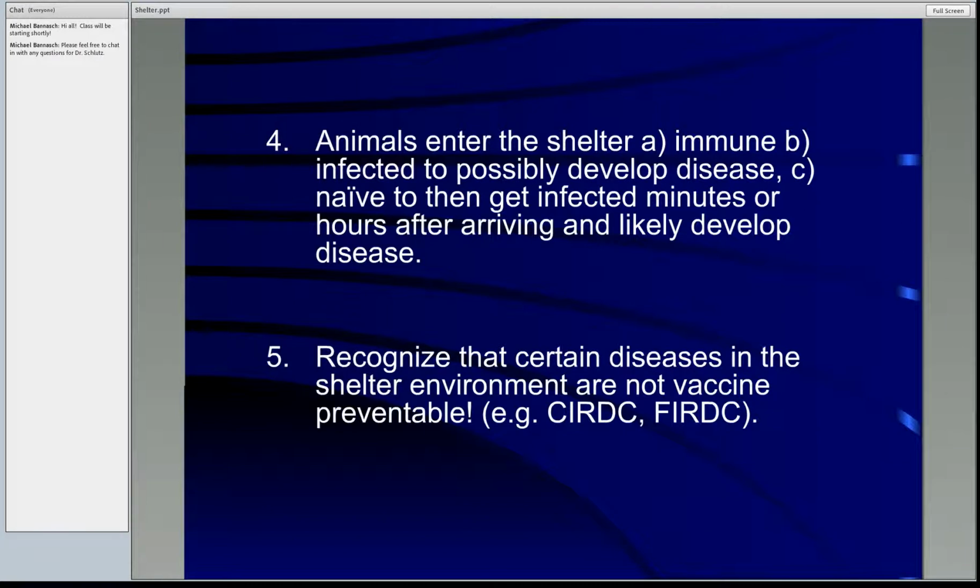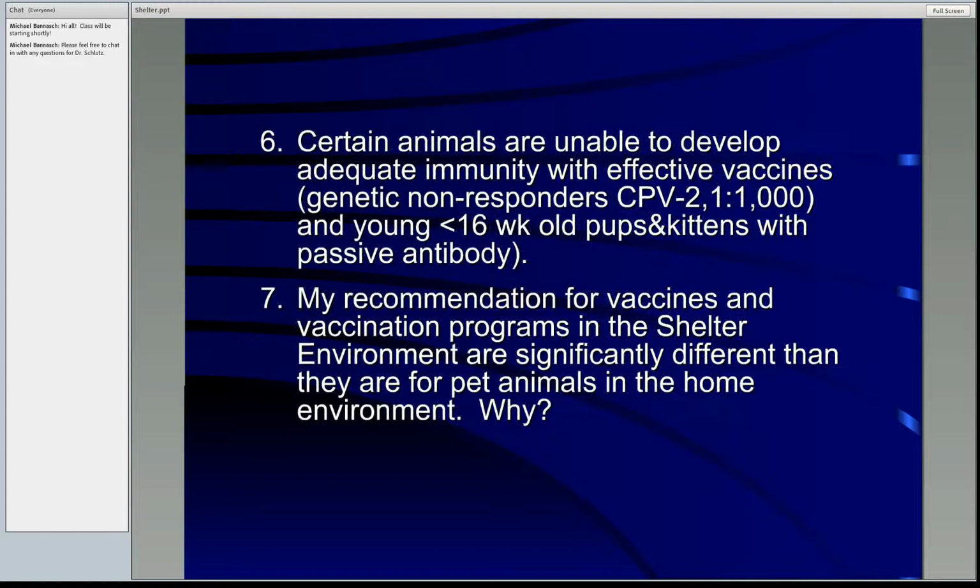We'll talk a little bit more about that later. But unlike distemper, parvo, and adeno, which we'll talk about, or panleukopenia, those are vaccine preventable diseases, unlike the infectious respiratory disease complex.